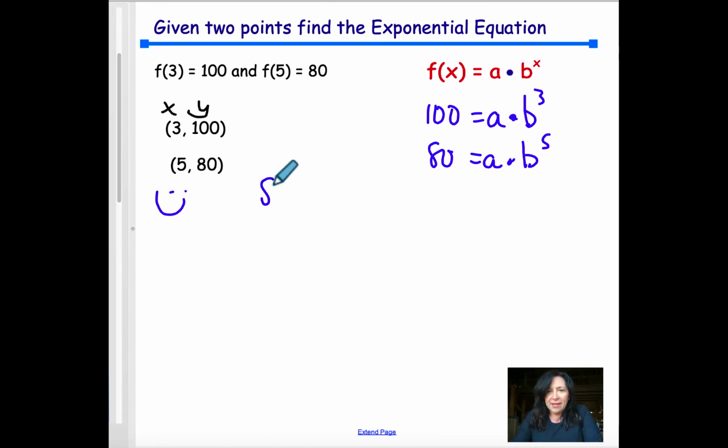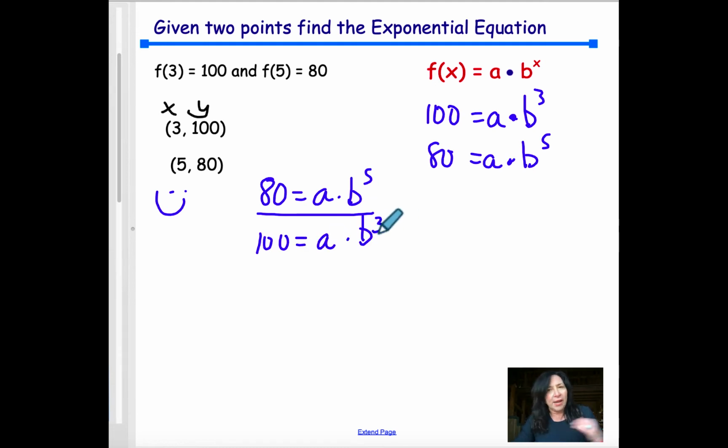We're going to go 80 is equal to a times b to the 5th power, and I'm going to divide that by the other one, which is 100 is equal to a times b to the 3rd power. And so what ends up happening is that when you divide, 80 divided by 100, a is going to cancel out. So this cancels out with this, and that makes 1.